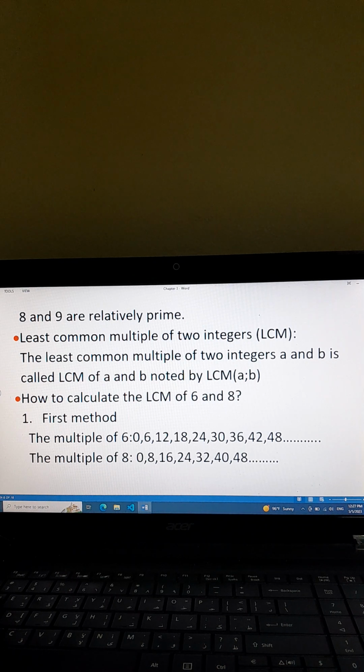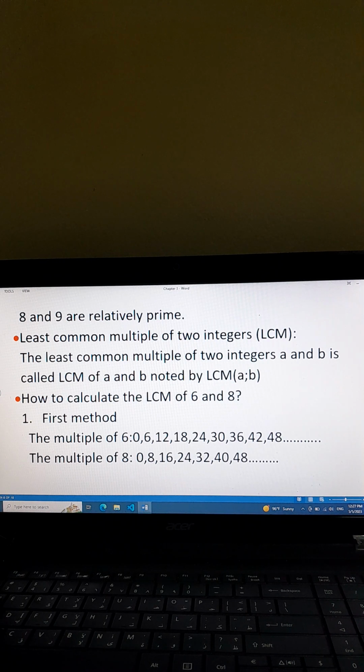The least common multiple of two integers a and b is called the LCM of a and b, noted LCM(a, b). How to calculate the LCM of 6 and 8? First method: the multiples of 6 are 0, 6, 12, 18, 24, 30, 36, 42, 48.